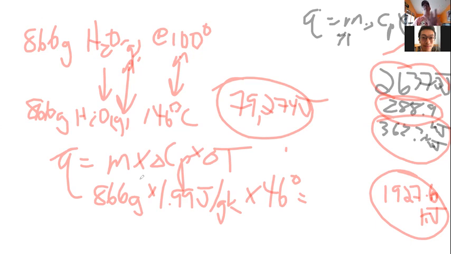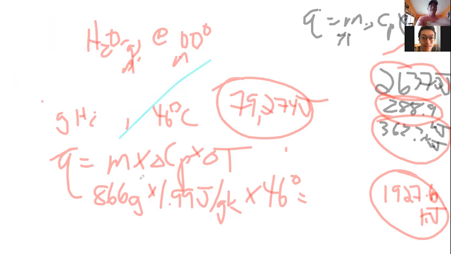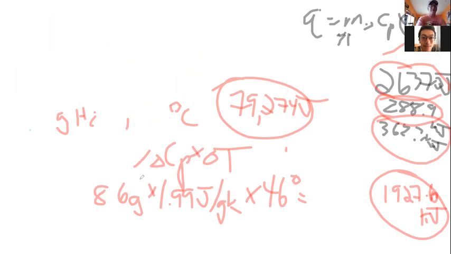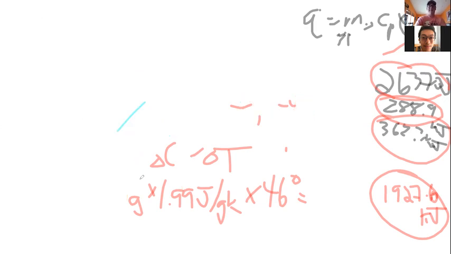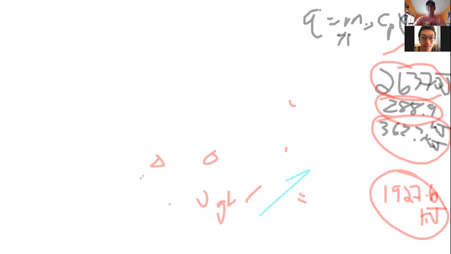Then we had to boil it. Then we had to increase the temperature from boiling to 147. So 5 steps. That's why this is a long question, and why I would leave this kind of question to the very end on a test if I were you. Make sure I do all the easy ones first, because this one takes just a ton of calculations.